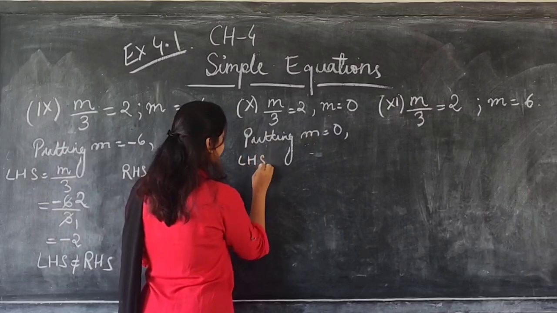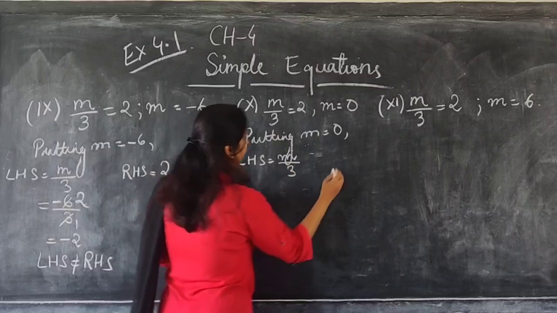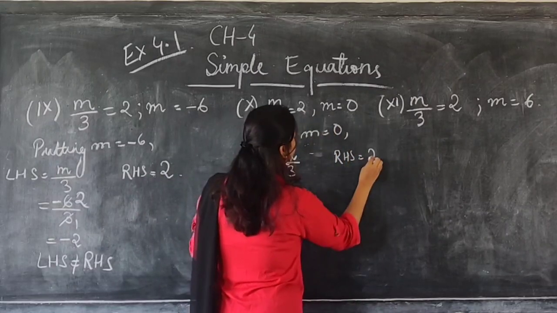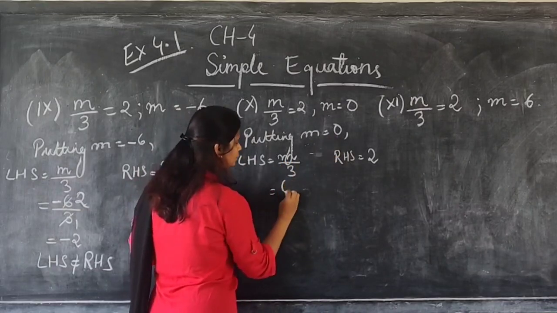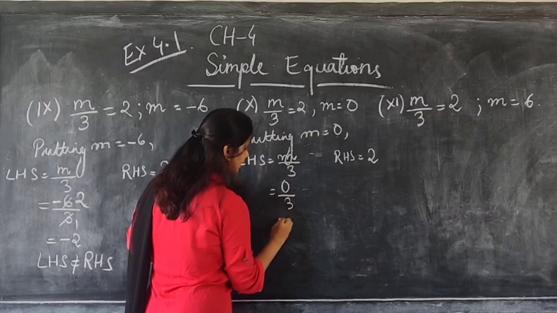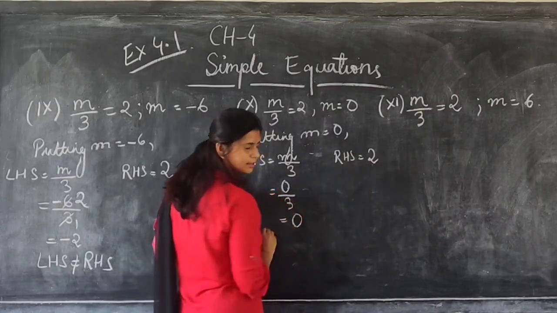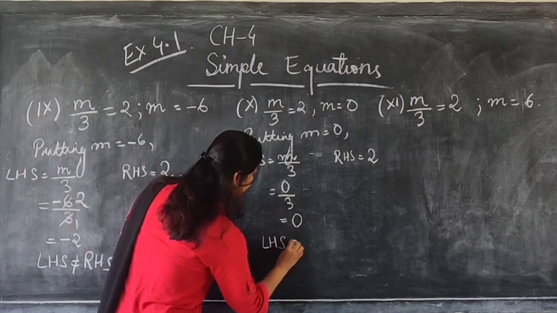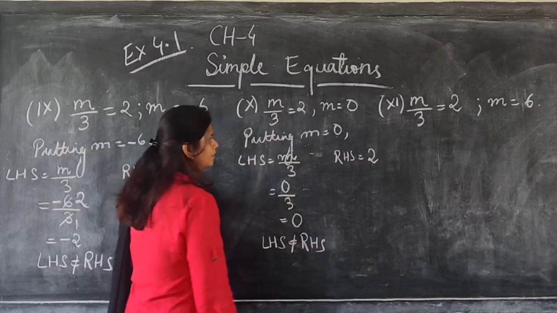Left hand side equals, write the expression M by 3, and right hand side is equal to 2. Now what is the value of M? M is equal to 0, so put 0 by 3. 0 by 3 will be 0, and your right hand side is 2. So your left hand side is not equal to right hand side.